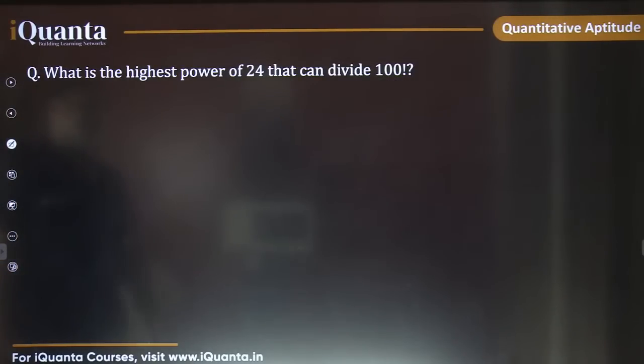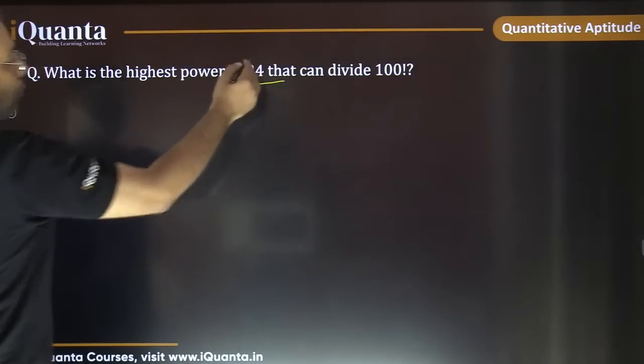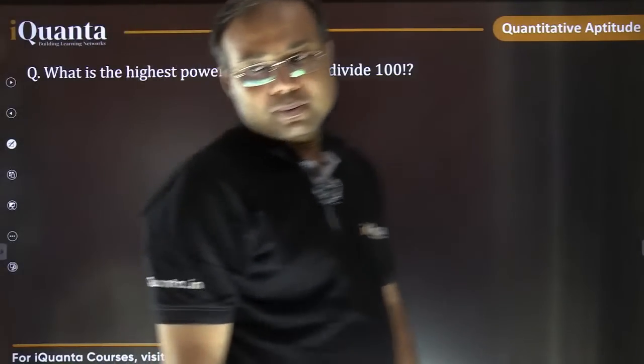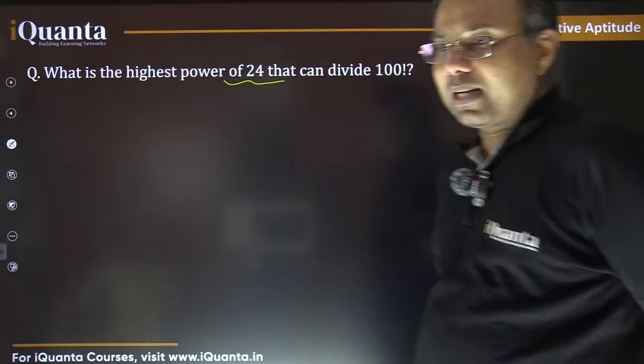Next question. Similar question. Now this time power of 24. Please calculate. Be careful and answer this.